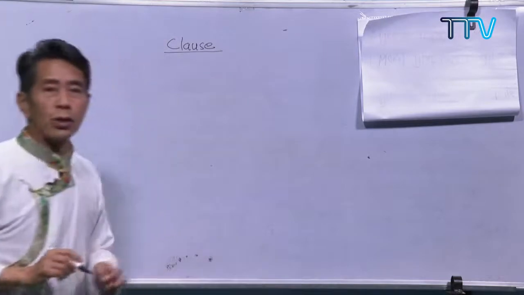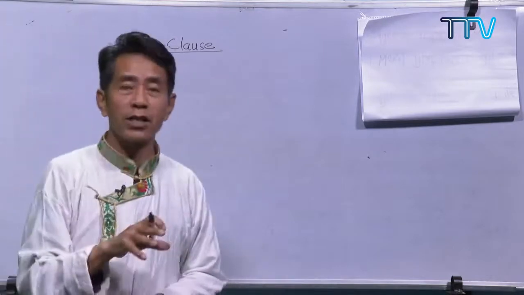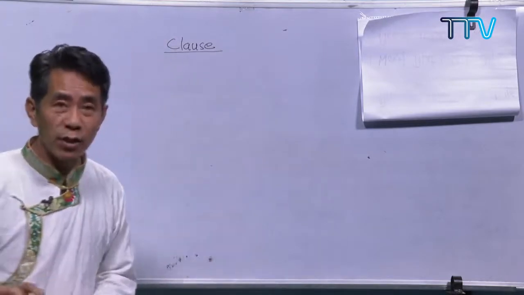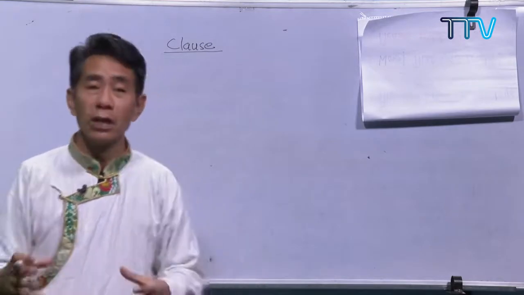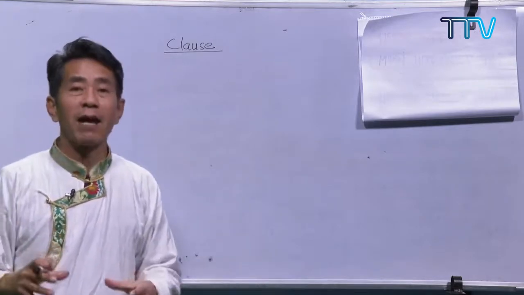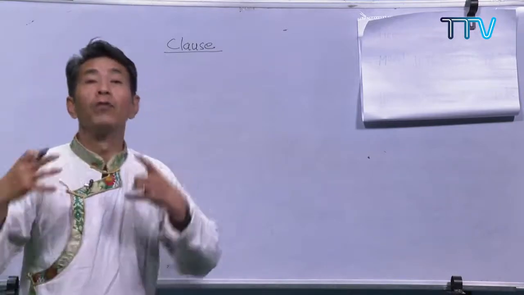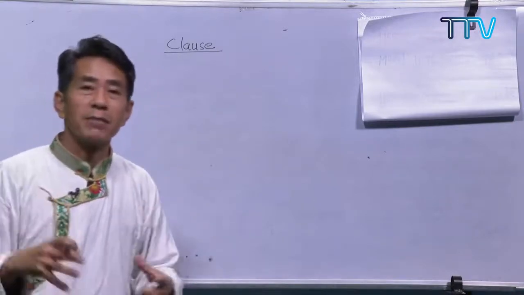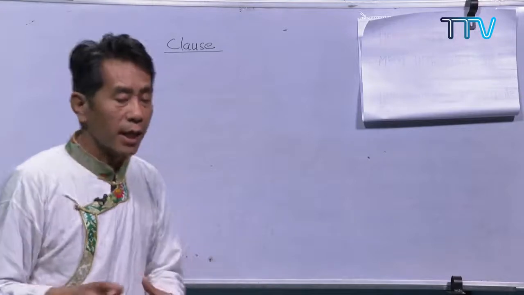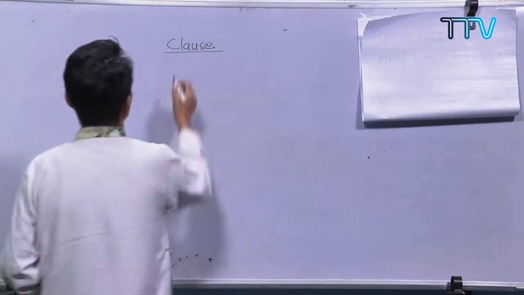Unlike the phrase, which Kela had already mentioned, a group of words which does not have a subject and a verb, a clause is a group of words which has a subject and a verb.